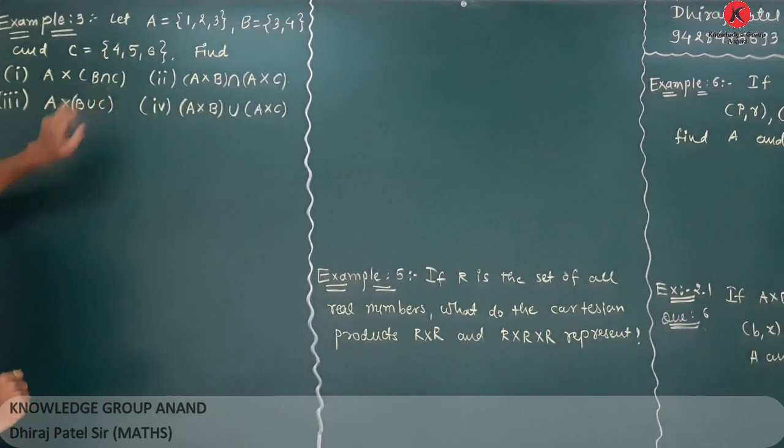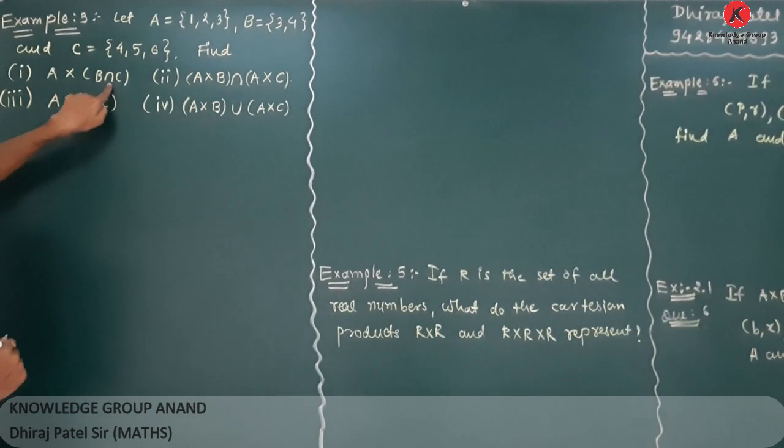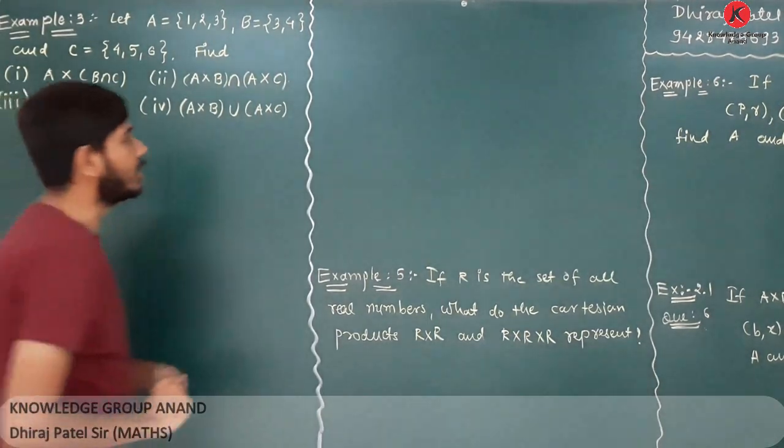A cross B intersection C, that means A cross B intersection A cross C. This is our distributive law.